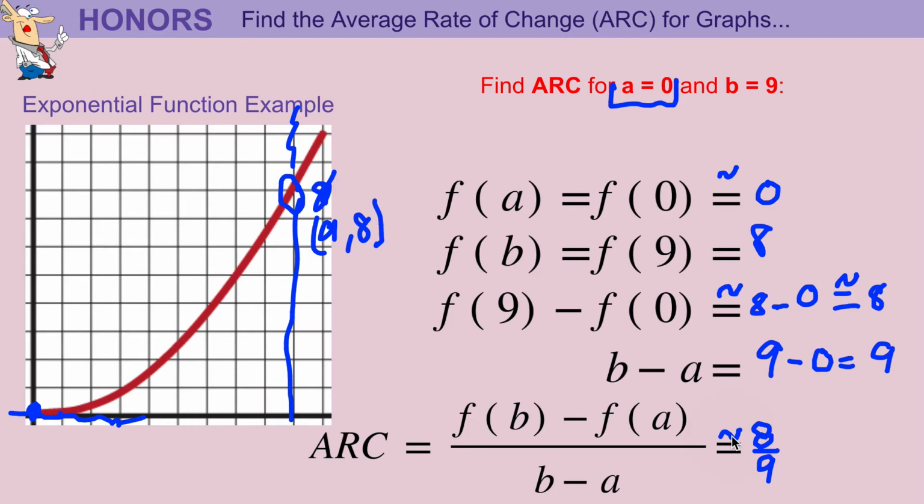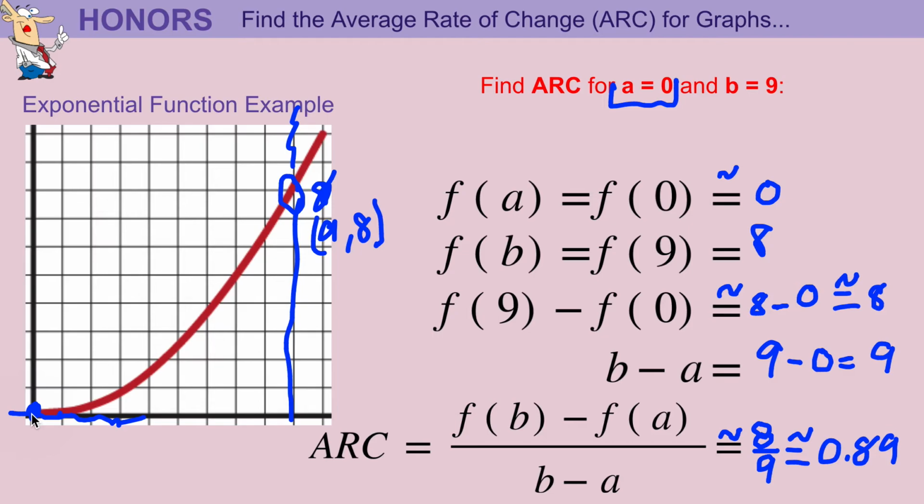And then we get, as a decimal equivalent for this, approximately 0.89, rounding to the hundredth. Interesting that we had that. We'll talk more about asymptotes in a later lesson.